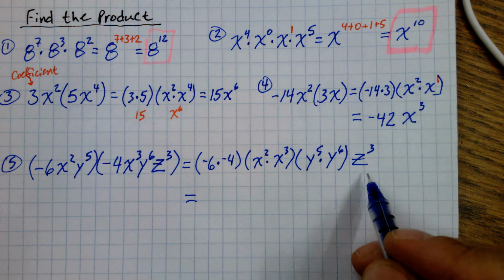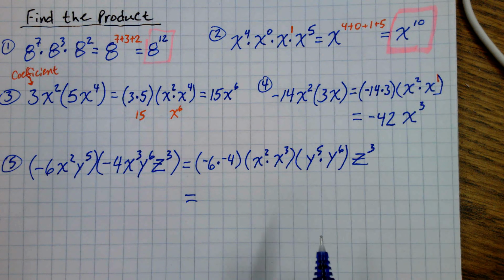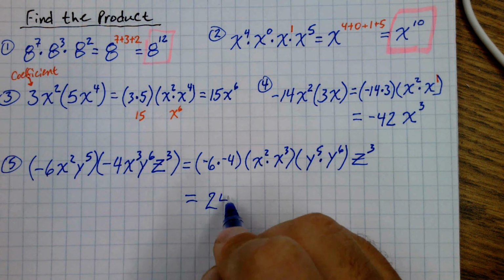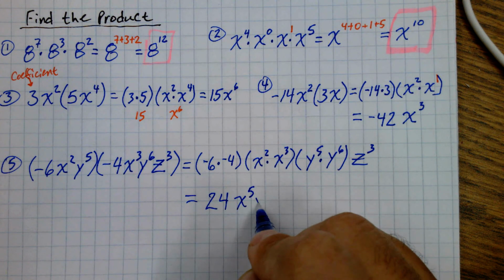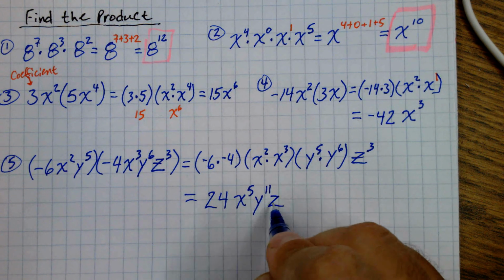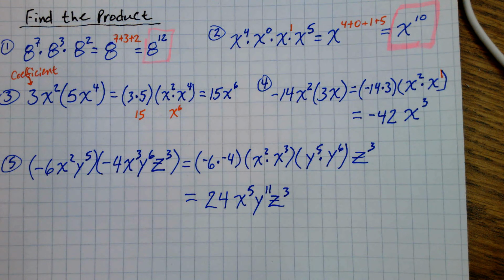Well, z to the 3rd, right? Z to the 3rd. I like the z cubed. Okay, so what do we got? 24? Yeah. X to the 5th power, y to the 11th power, z cubed. And that is our answer.